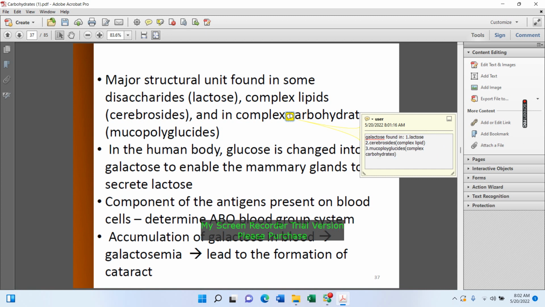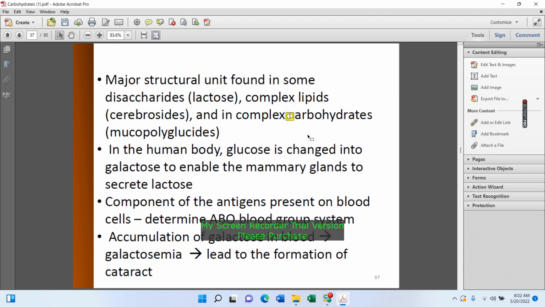Next, in the human body, glucose is changed into galactose to enable the mammary glands to secrete lactose. Galactose is also a component of the antigens present on blood cells that determine the ABO blood group system.